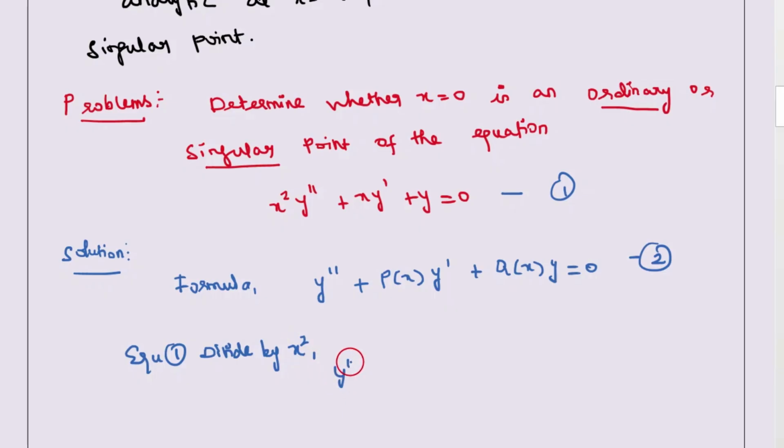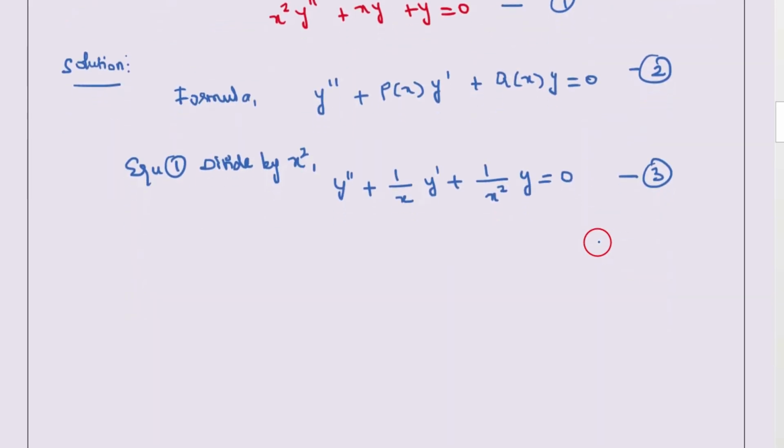Then y double dash plus 1 by x y dash plus 1 by x square y is equal to 0. This is equation number 3. So the equation is changed to the standard form.